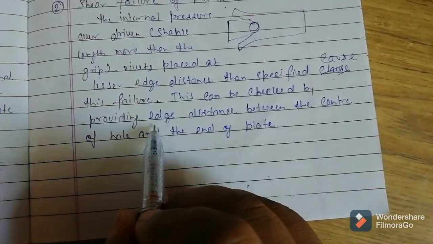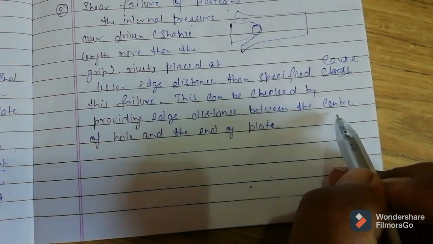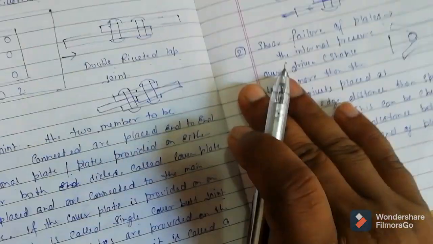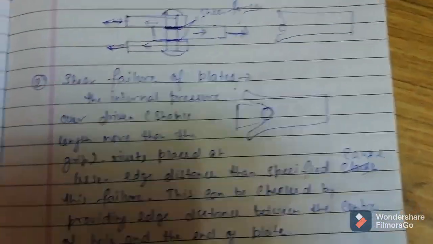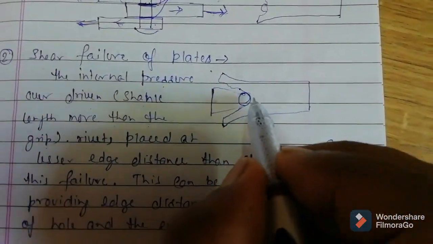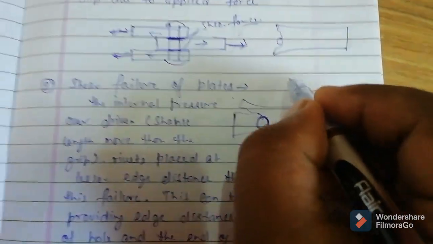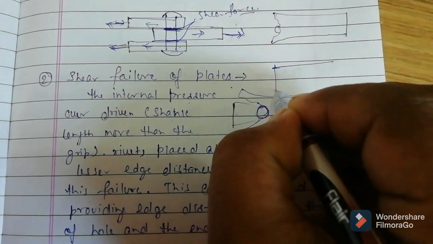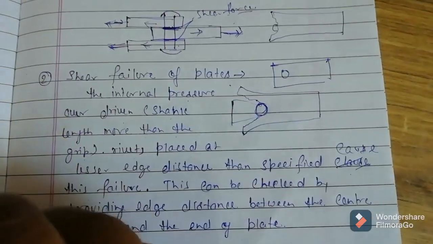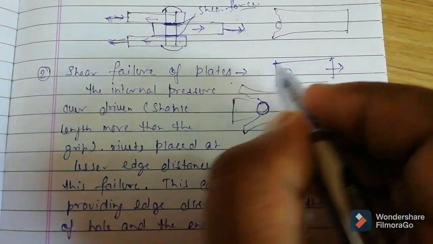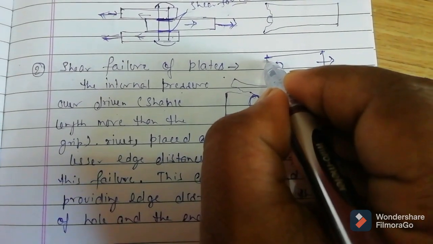This can be checked by providing edge distance between the center of the hole and the edge of the plate. Now see how the failure occurs. This is your rivet, and in the actual direction, the force is applied here, causing shear failure of the plate.